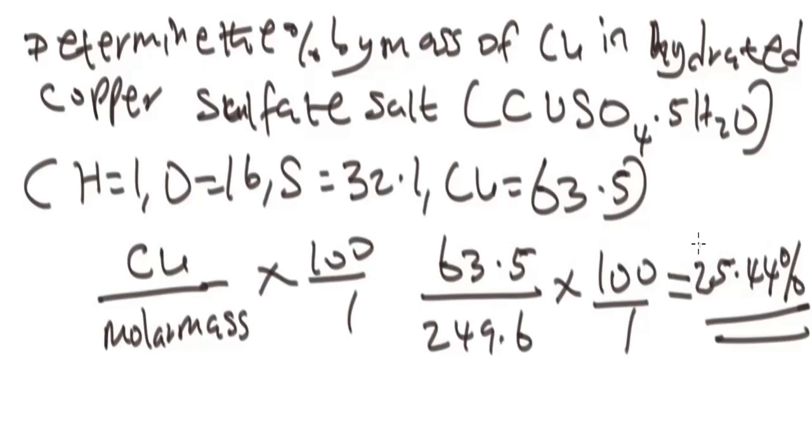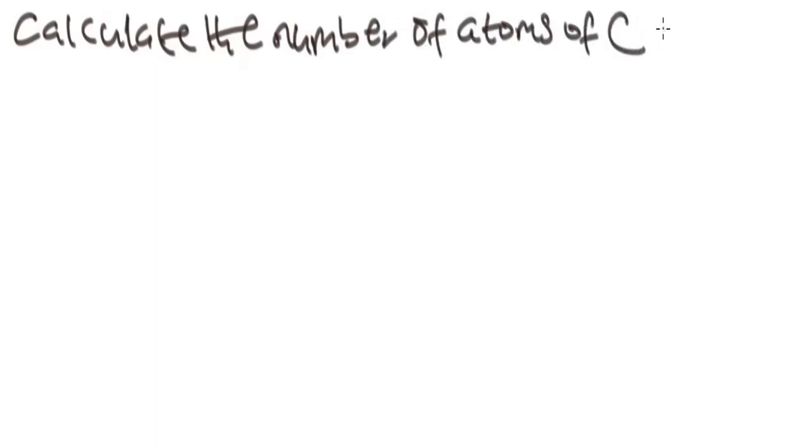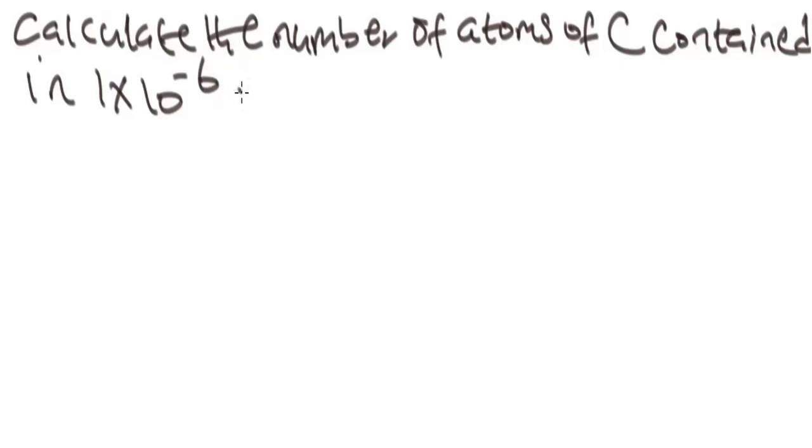Okay, so before we call it a class, let's look at how to solve problems involving Avogadro's law. Very important. So let's wipe this and look at a typical question I have on it. The question goes like this: calculate the number of atoms of carbon, the chemical symbol, contained in 1 times 10 to the power 6 gram of carbon.